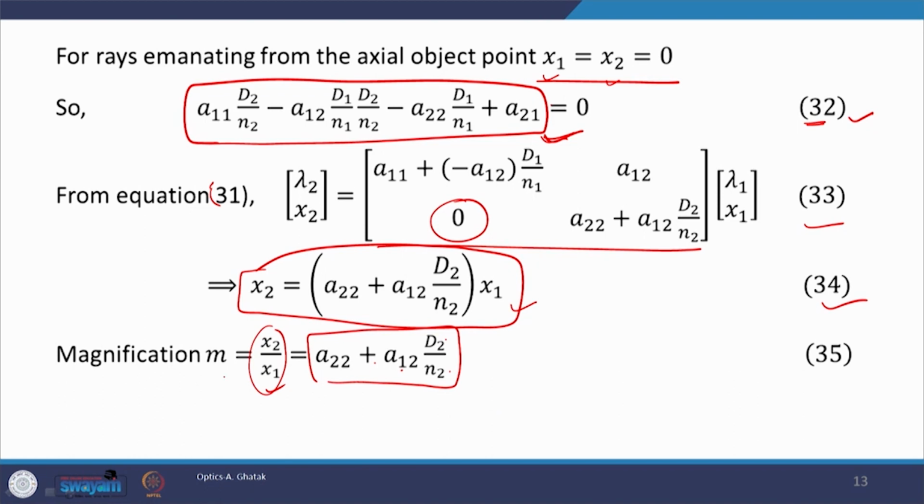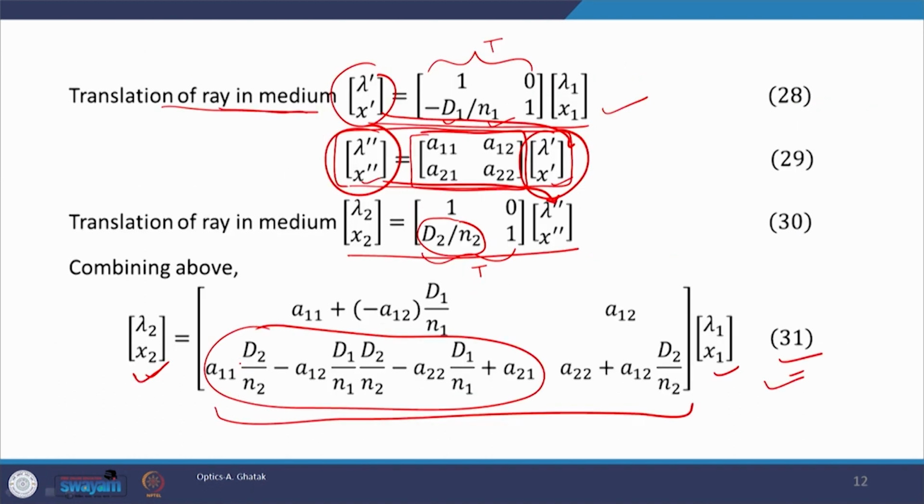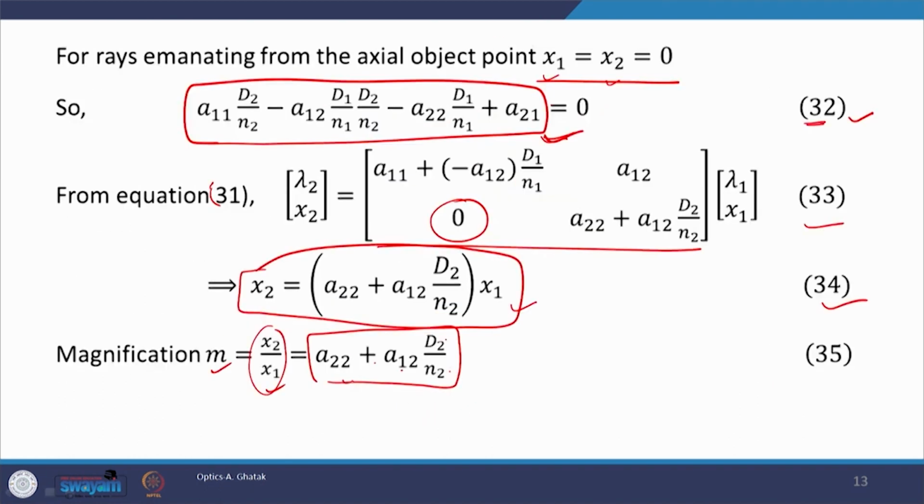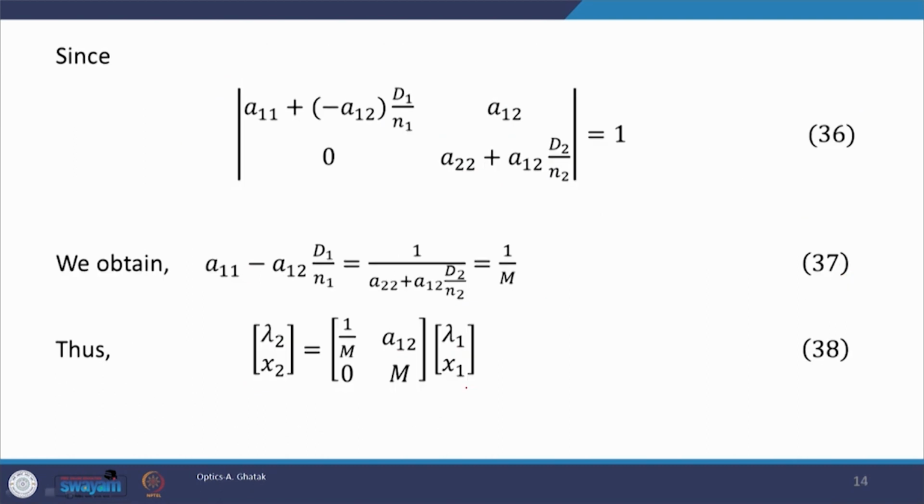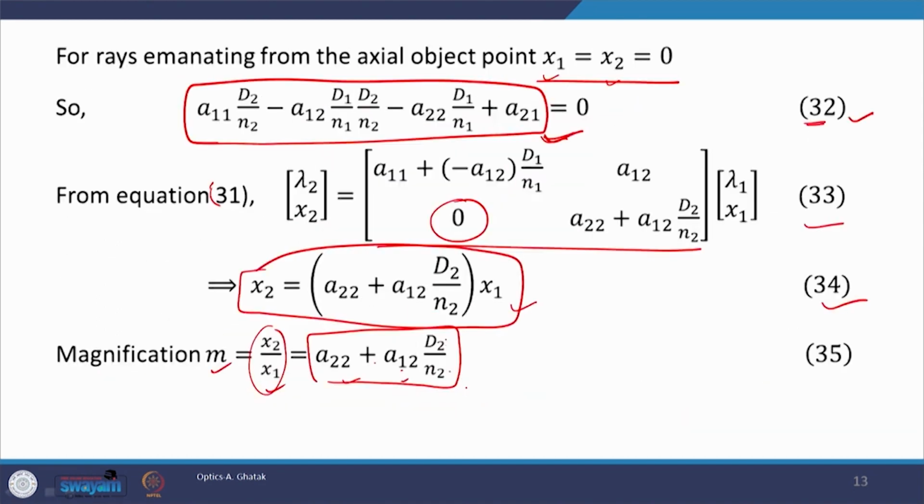Once we know what magnification is, which is a22 plus a12 into d2 by n2, there is one more condition on this matrix, which is a system matrix. The second condition is that its determinant must be equal to unity.